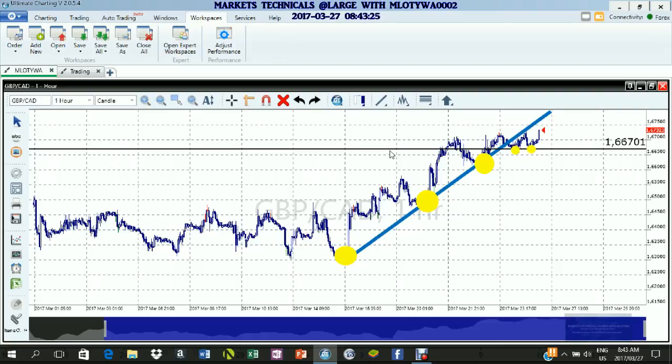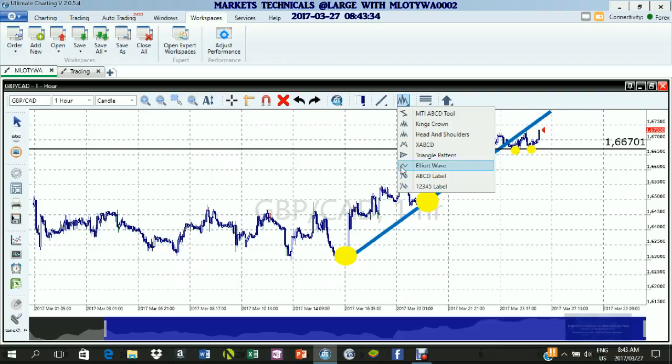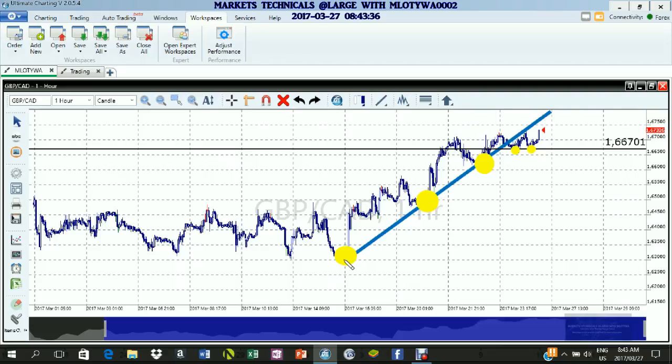From now, what I will do is draw what we call an Elliott wave. Draw Elliott wave starting from this point. That will be our 1, the highest point, 2, 3, the highest point, 4, and 5 there, which is another highest point.